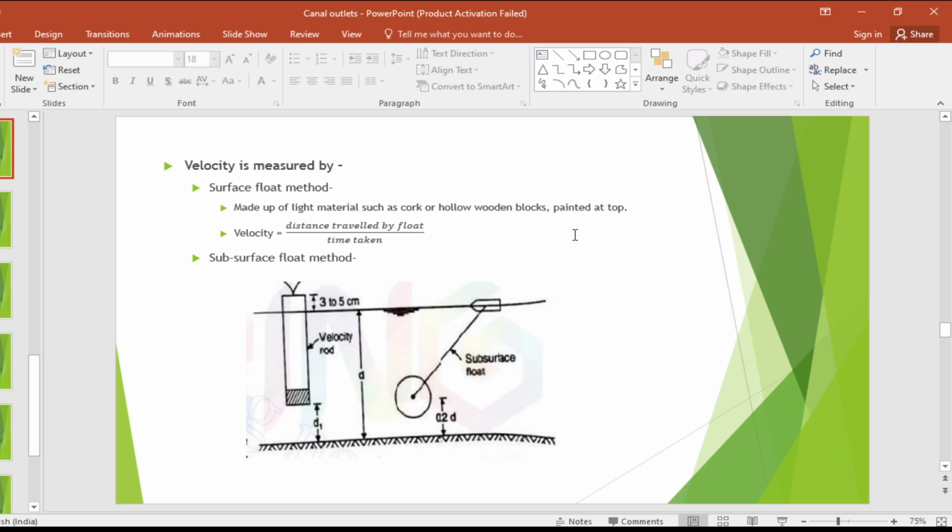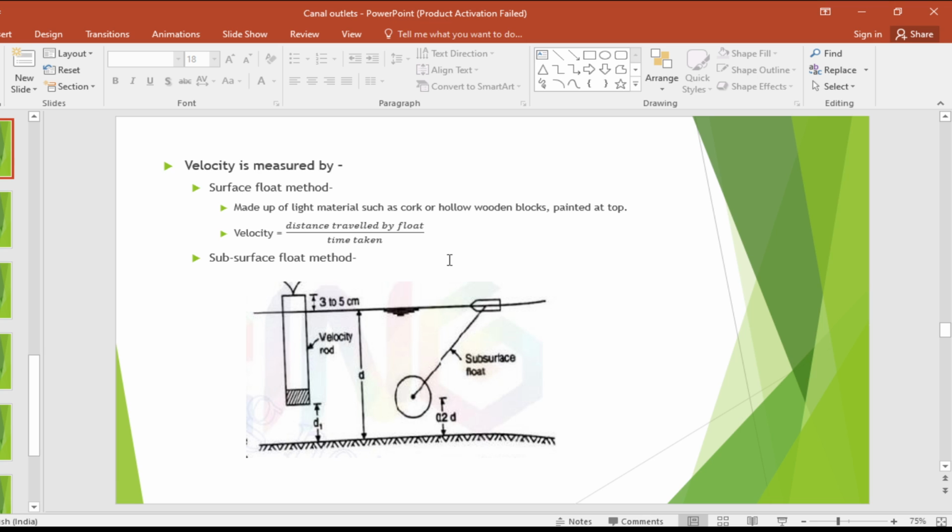Now, how to calculate the velocity? Velocity is calculated as the distance traveled by that float divided by the time taken. The distance traveled by that particular float divided by the time taken will give you the velocity of that float.